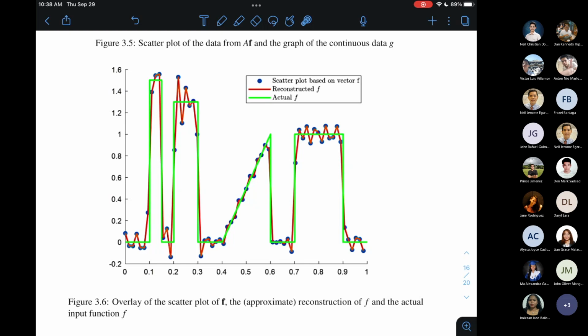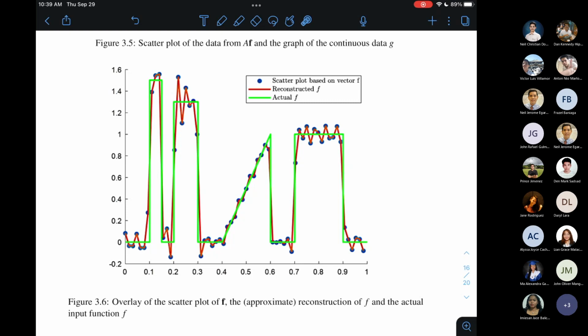We are lucky here that we know the actual function f. Pero sa totoong buhay, hindi nyo alam kung ano yung function na f na yan. Alright? Hindi nyo mako-compute yung relative error kasi hindi nyo alam yung eksaktong f. Pero dito sa atin, we have the luxury of the simulation, the input data, so madaling i-compare kung gaano kaganda yung solution na nakuha natin.